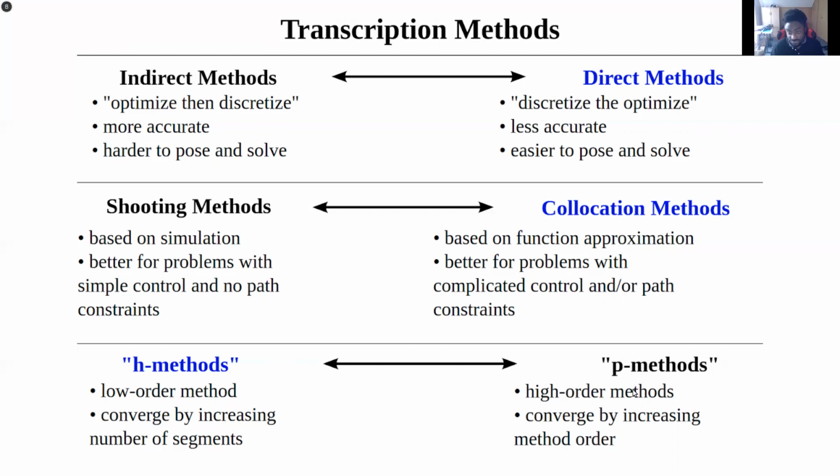And there are ways of performing interpolation. There are H methods and there are P methods. H methods basically just increase the number of time steps you discretize your problem with. And by increasing these time steps, you come up with a much smoother trajectory. The P methods perform the interpolation by increasing the order of the polynomial you use.